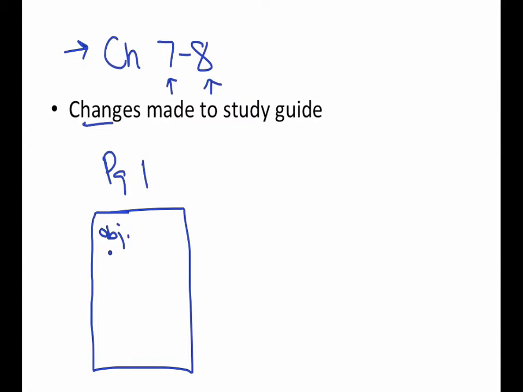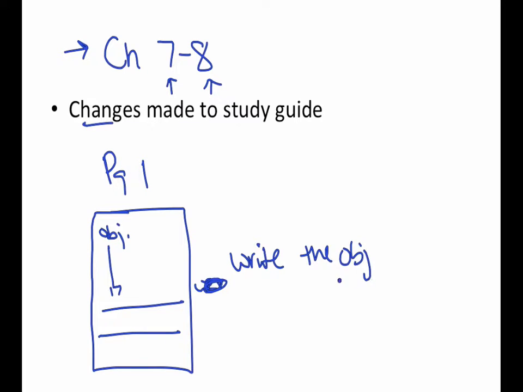There's the objectives, 1 through 17 or whatever, and then always at the middle part of the study guide, normally it says, write the objectives on a separate sheet of paper. Well, I kind of decided to move things around a little bit, and so now you'll see that it says highlight each of the objectives.